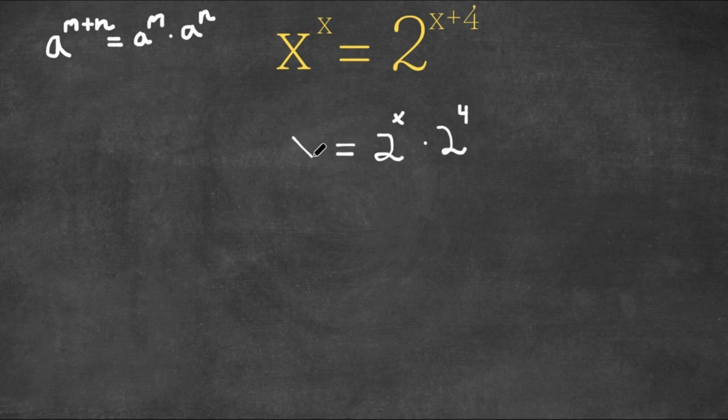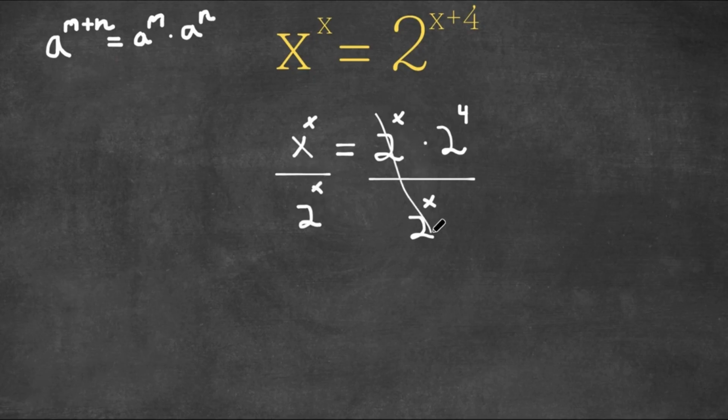So x to the power of x is equal to 2 to the power of x times 2 to the power of 4. Now I'm going to divide both sides by 2 to the power of x. So for our right side here, these two would cancel out, and we would just be left with 2 to the power of 4.